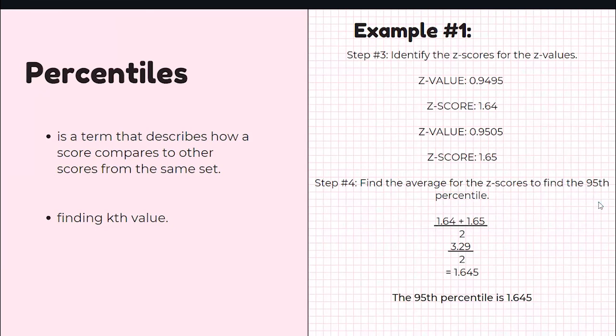In order to find the average of these z-scores, we are going to add these two z-scores, which are 1.64 and 1.65, and the sum of these, we're going to divide by 2. So here is the solution. 1.64 plus 1.65, and the answer is 3.29.